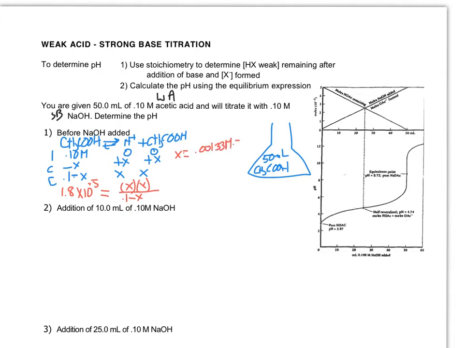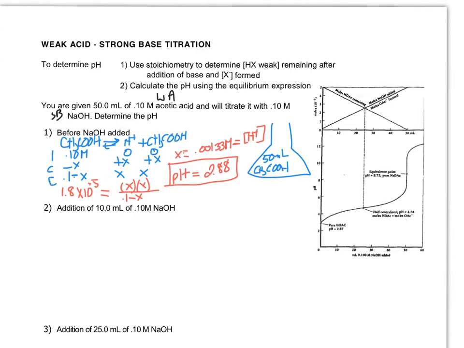That is your H plus concentration. And so the pH is negative log of that, which ends up being 2.88. So that's my pH of just my acid in my flask.